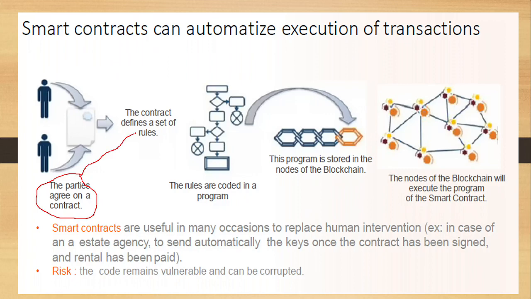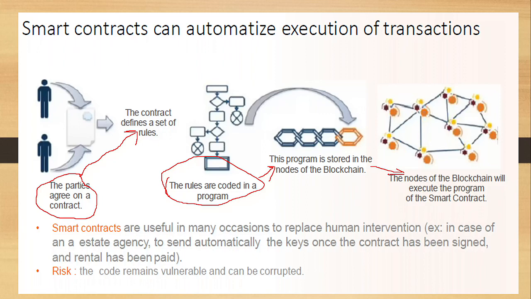Then the contract defines the set of rules. Then these rules are hard-coded into some program, right? Then this program is stored within the various nodes, and then the nodes will execute this program based on the smart contract procedures, right?